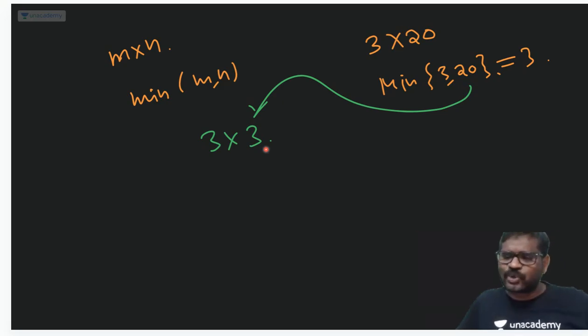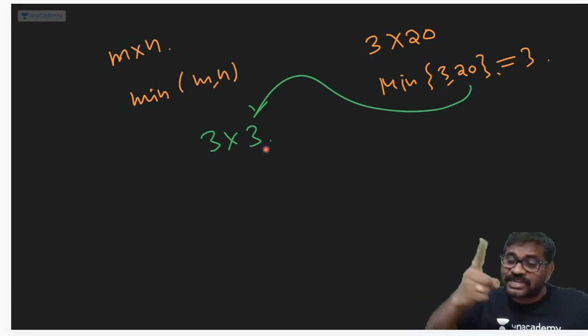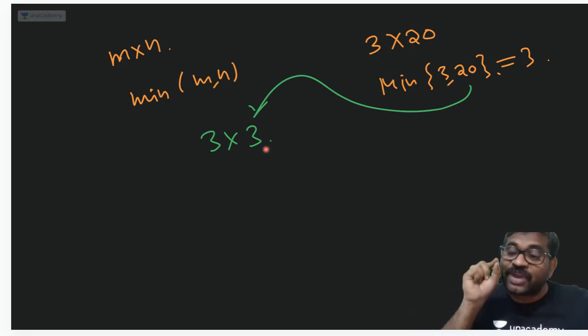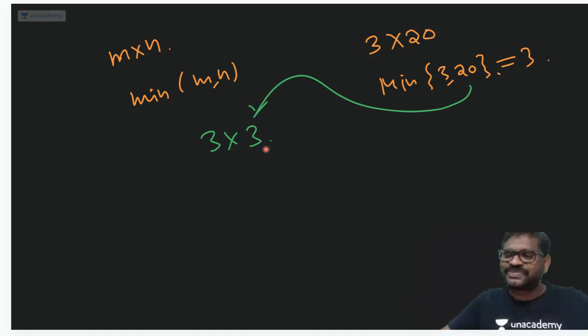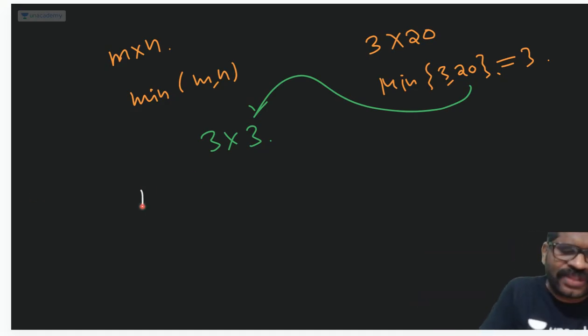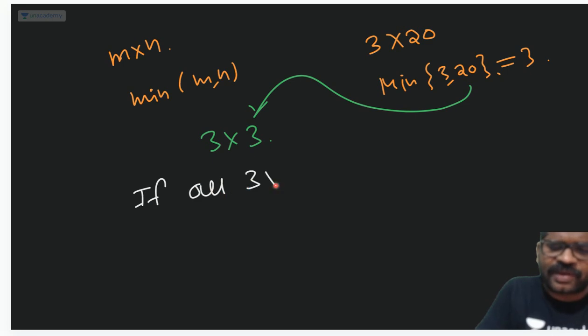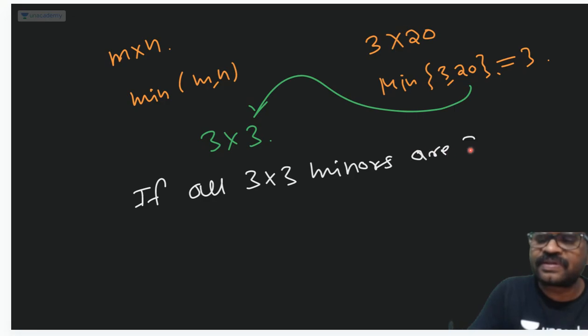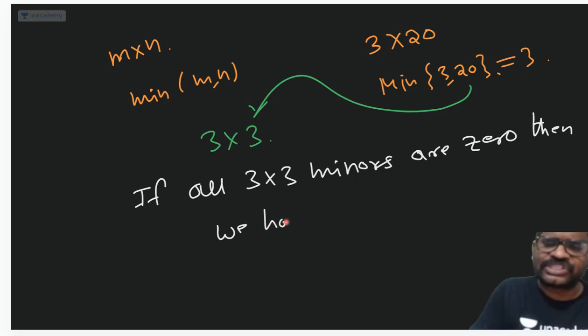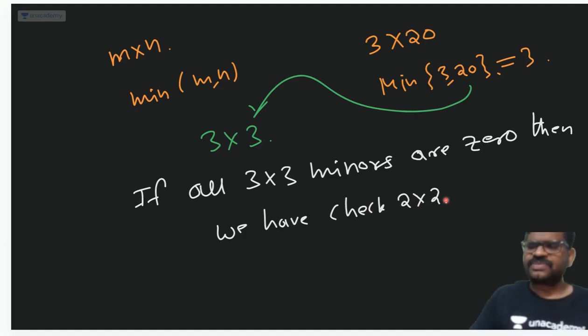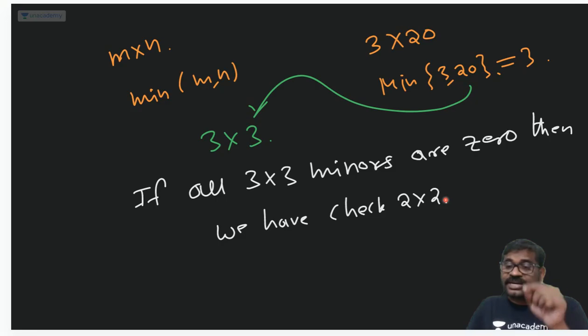Sir, if all 3 cross 3 minors are 0, then what do I have to do? If all 3 cross 3 minors are 0, then only you have to check 2 cross 2.